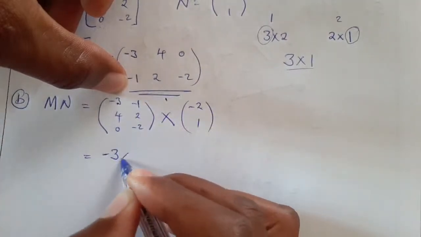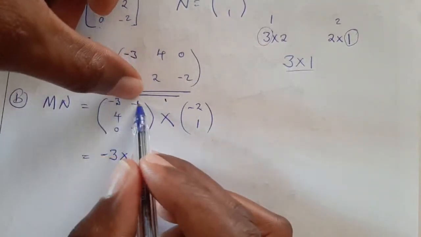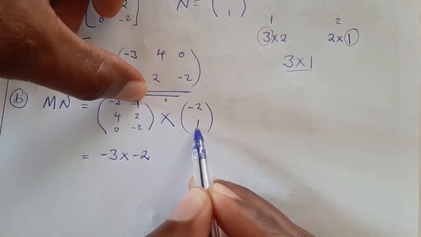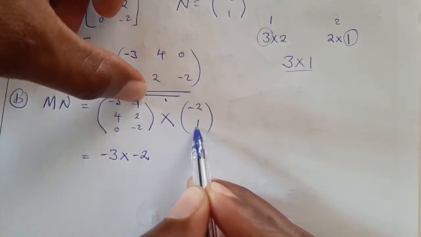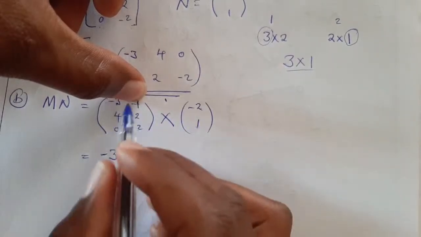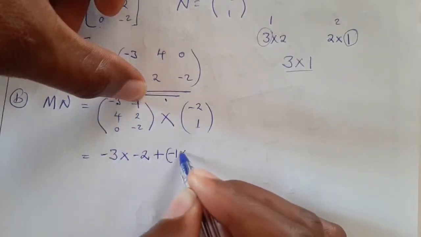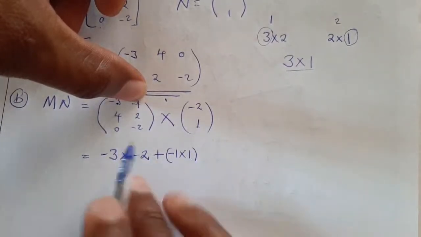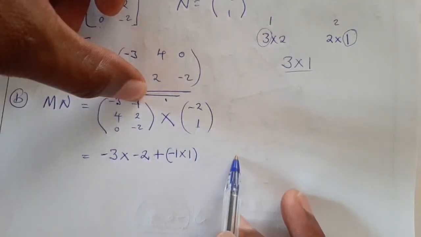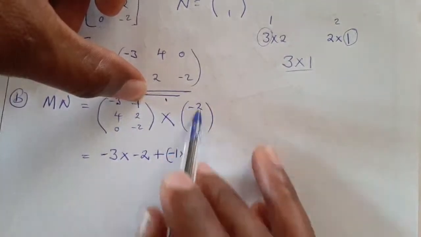So negative 3 times negative 2. Since I'm still in the same row, the second element in this row I'll multiply to the second element in this column. So negative 1 times 1. As you go to the second element, you put plus. Okay, we are done. If we had another column here, we would have left space and started multiplying from here. But because it is just one column, we end here.